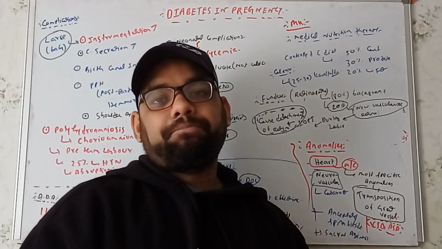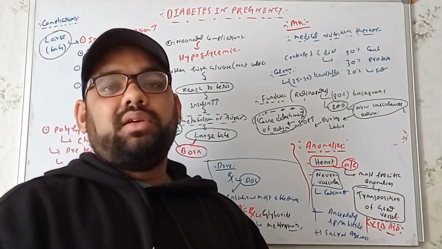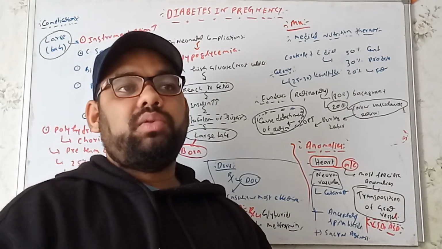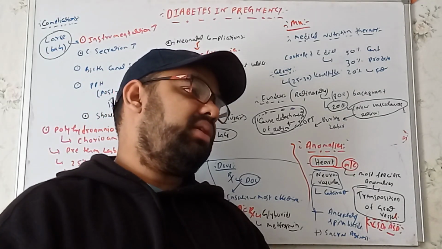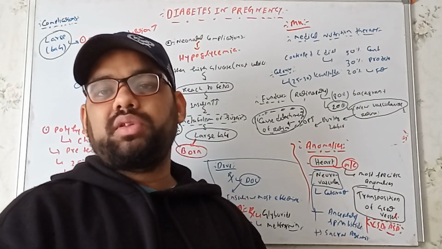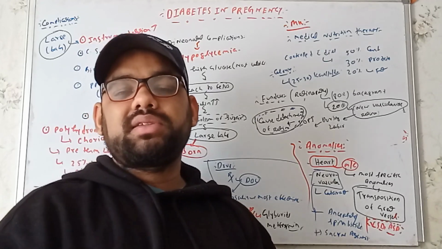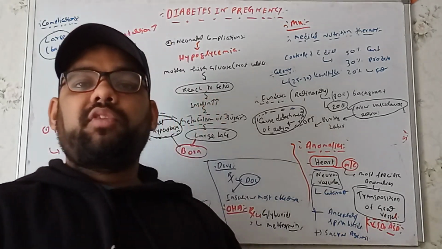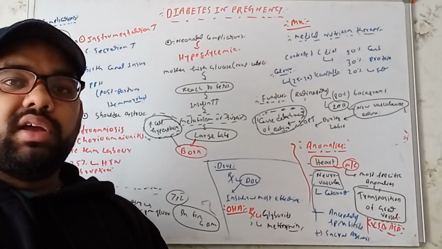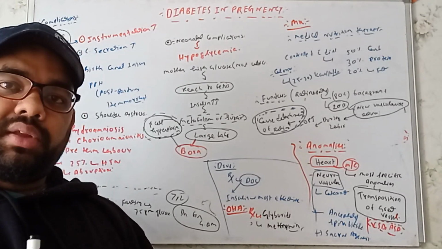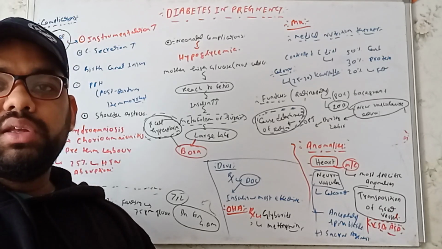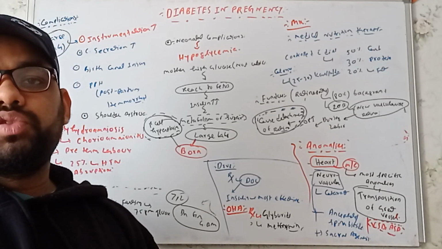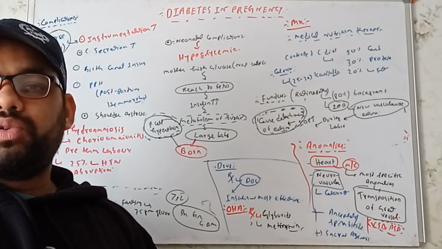If the woman is not well controlled, then the time limit should be less than 37 weeks or more than 34 weeks. So these are the timings. I am repeating once again. If the woman is well controlled with diet only, the delivery should be within 41 to 42 weeks.